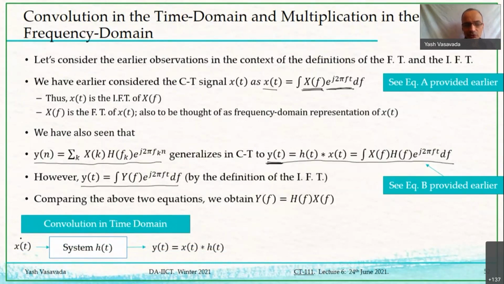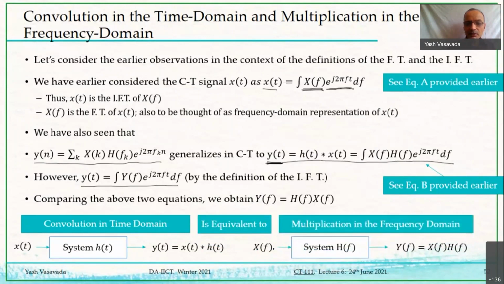And so the overall conclusion is that whenever I have a convolution operation going on in the time domain, one way to think of it is that I have some input x, I am sending it through a linear time invariant system with impulse response h of t, and I am getting the output y of t, which is the convolution in time domain of x and h. In the frequency domain, the effect is as if I did a multiply operation.